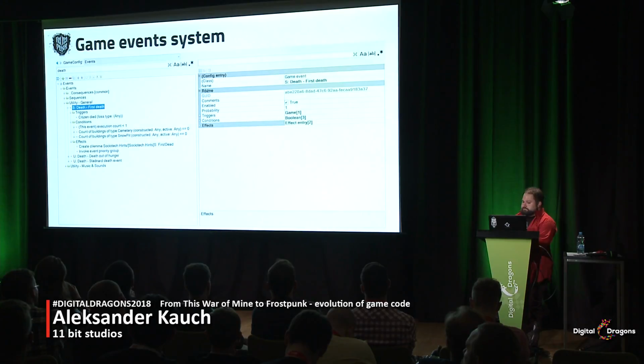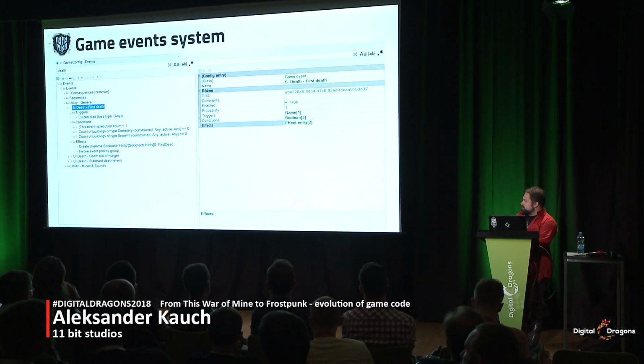How does it work? This is an extract from our editor. As you can see on the left side, you've got a tree, which is an XML file represented as a tree. So every node here is an XML node. The marked event is first death, and it is triggered by an event that a citizen died for any kind of reason.